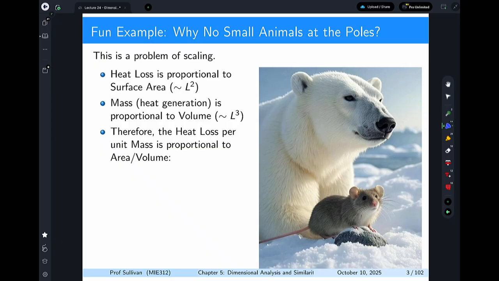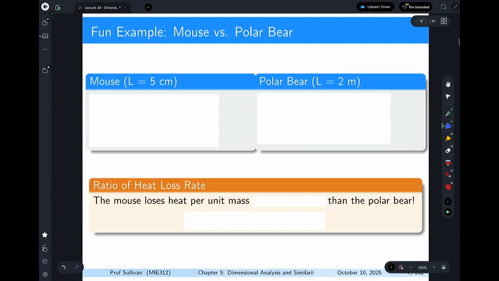Therefore, heat loss per unit mass is proportional to area over volume, so it scales as 1 over L. If I deal with a mouse, 1 over L goes as 1 over 0.05 meters, or 20 inverse meters.